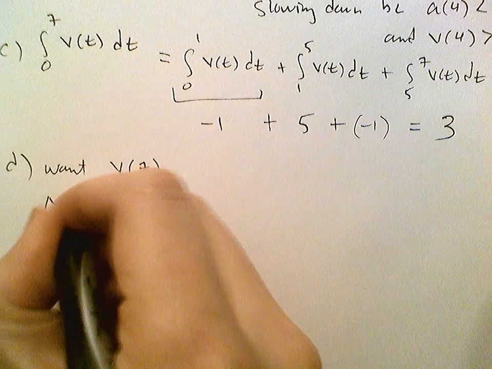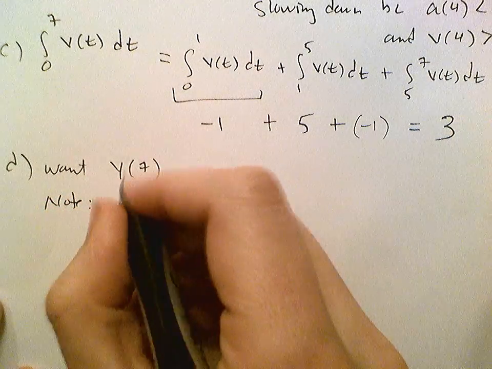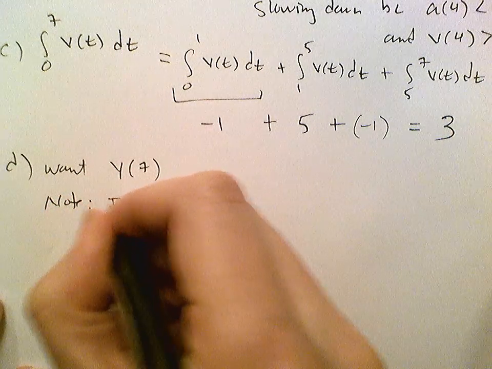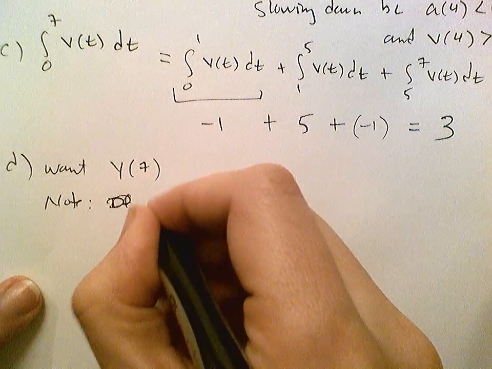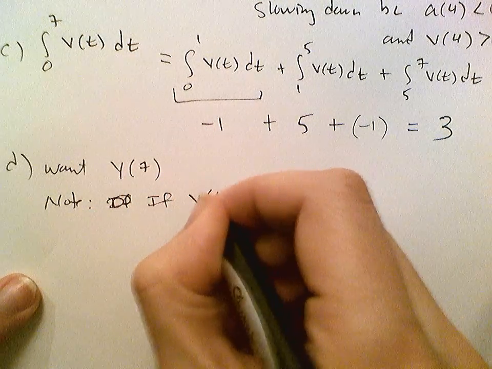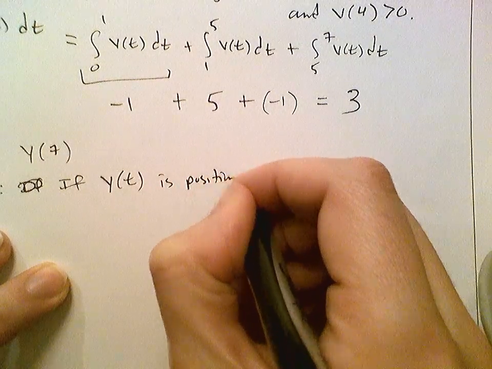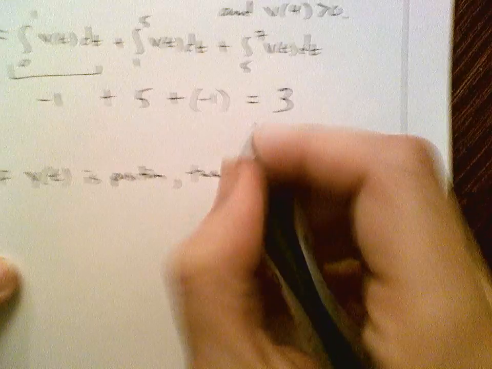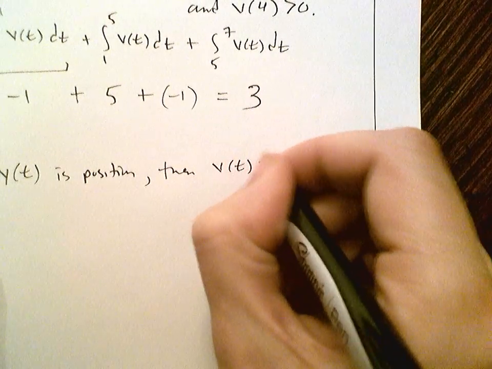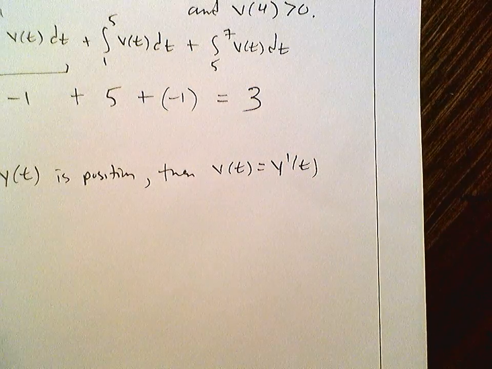Note, if y of t is position, then v of t equals y prime of t.